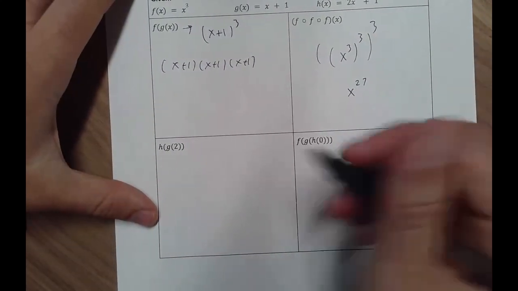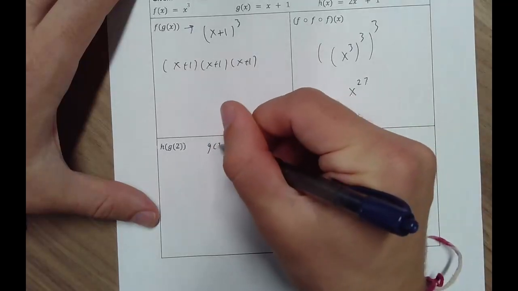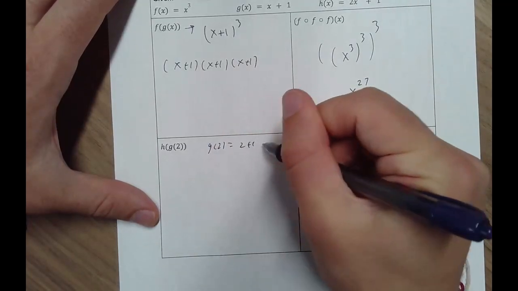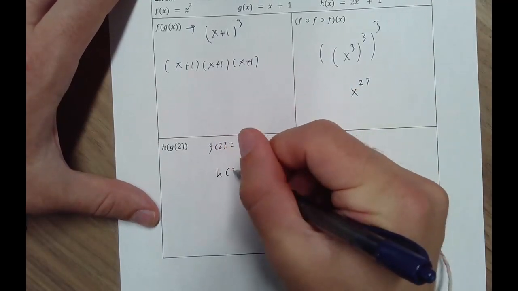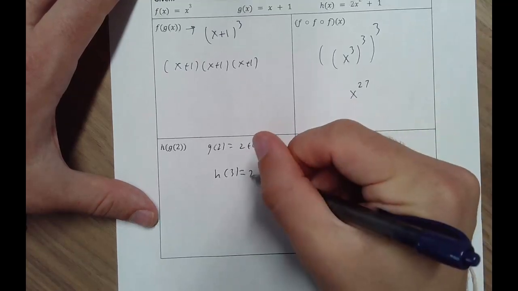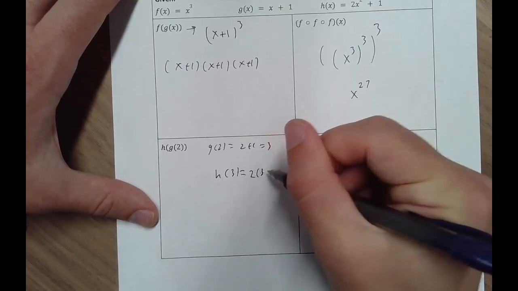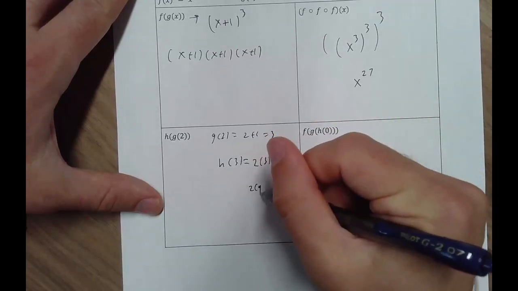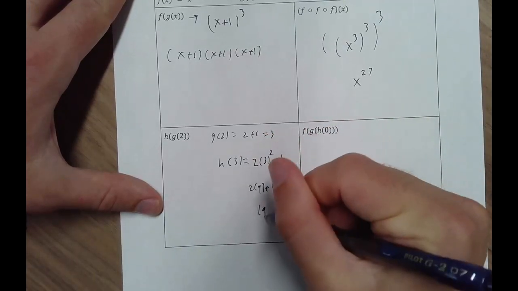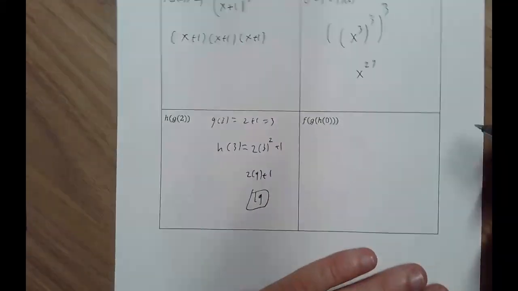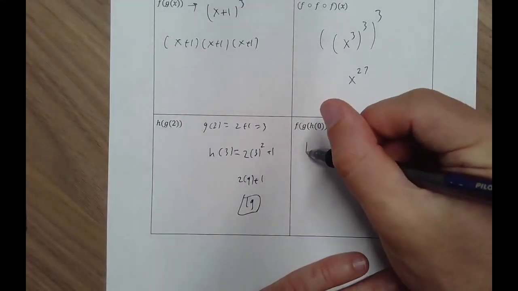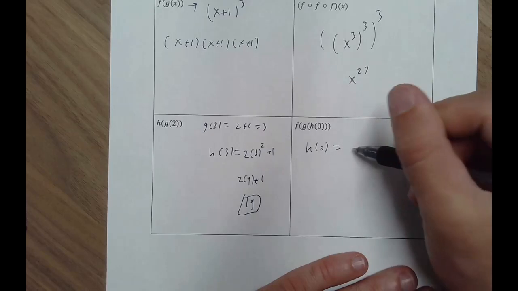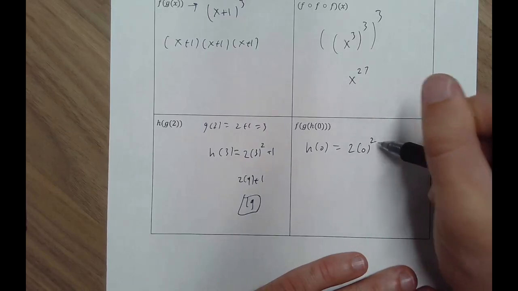Okay. Now we're doing the same, but with values. h of g of 2. So let's go find g of 2. g of 2 equals 2 plus 1. That is 3. So h of 3 is 2 times 3 squared plus 1. That is 2 times 9 plus 1. That is 19. f of g of h of 0. h of 0 is 2 times 0 squared plus 1.